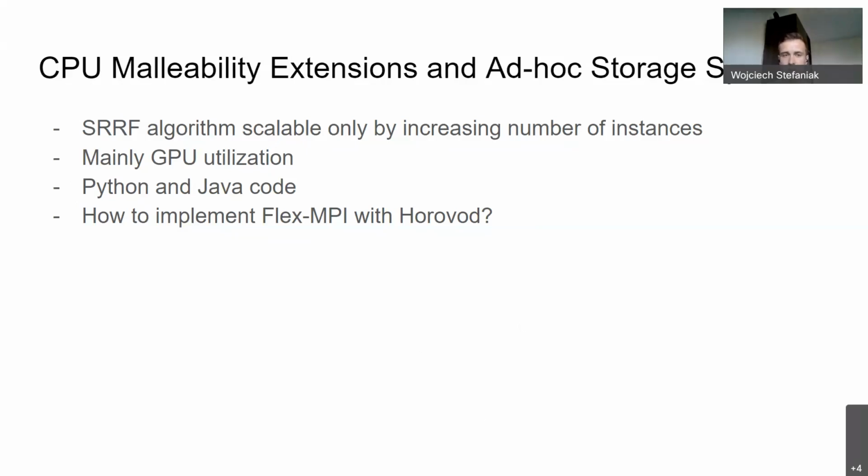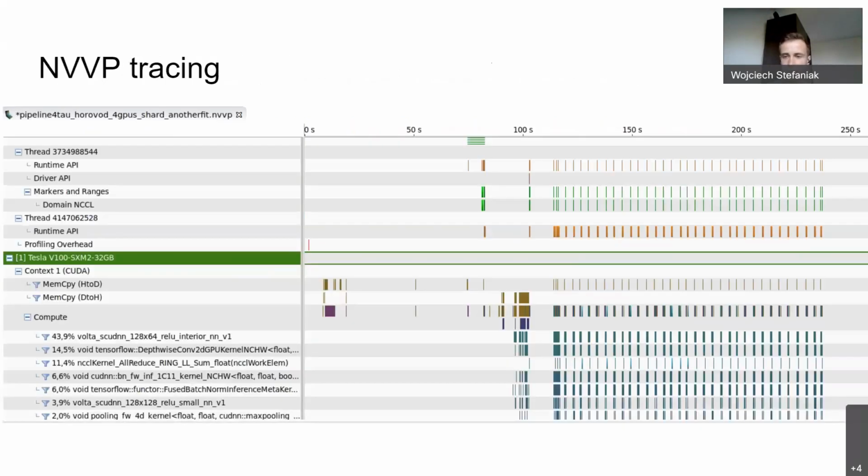About ad hoc storage systems, I think it would benefit us greatly if we had one, because we can see here that there are some small gaps in the processing of our GPUs.